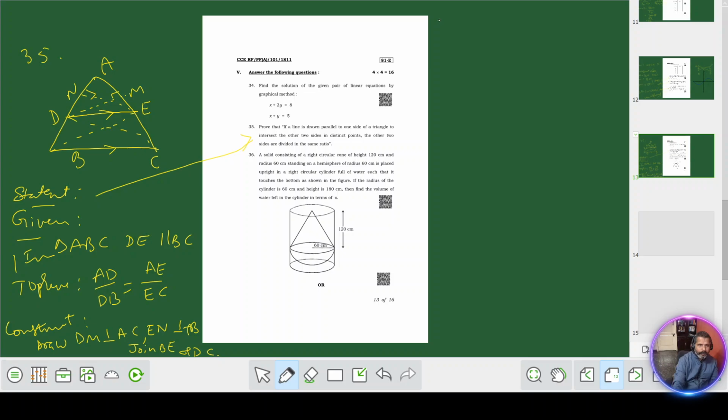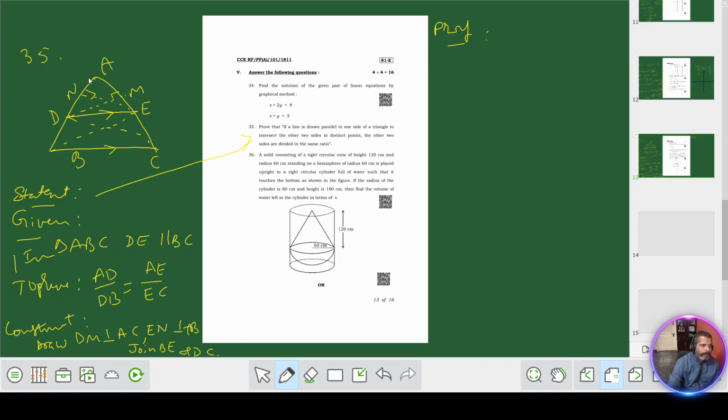Now comes the proof. Very simple. Here, if you observe, take the triangle ADE. There are two heights, EN and DM.